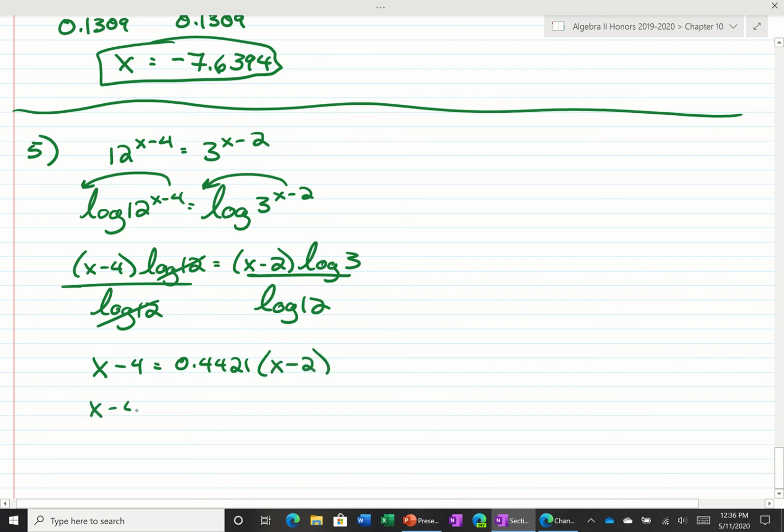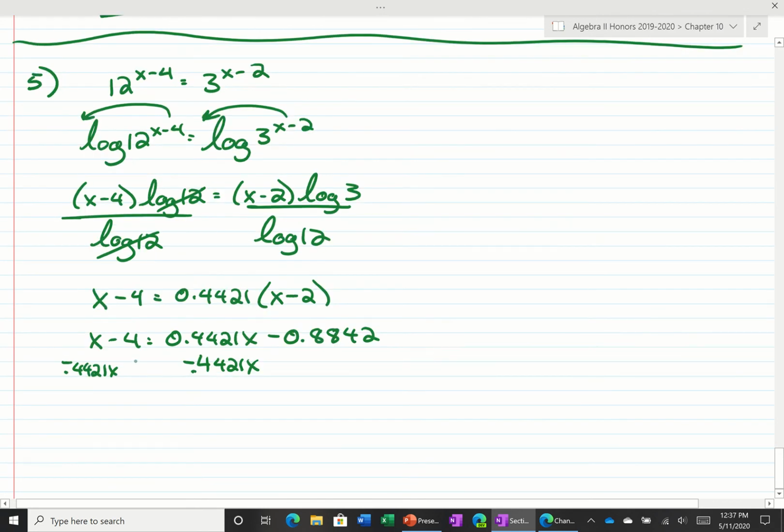So I get x minus 4 is equal to 0.4421x minus 0.8842. We could subtract 0.4421x on both sides. And we get, let's see here, I'm going to be adding the 4 on the other side.